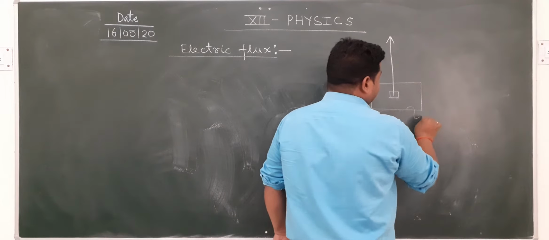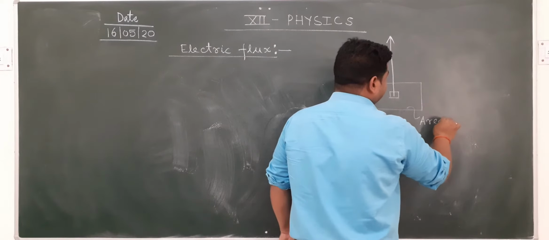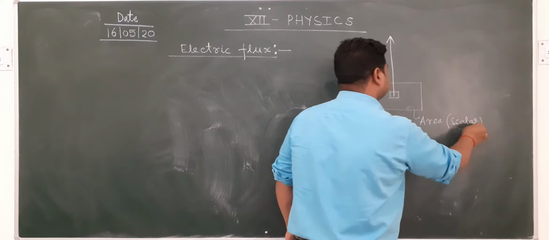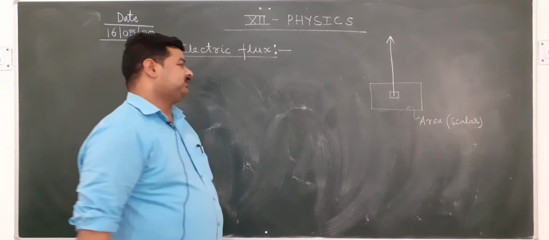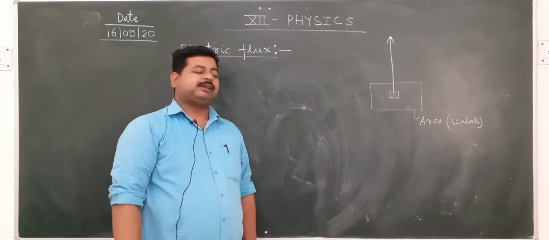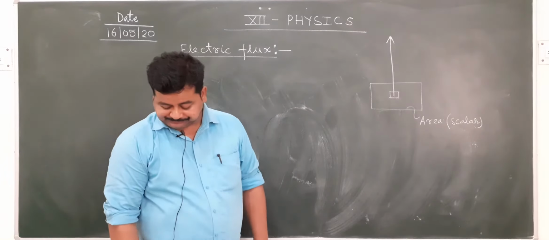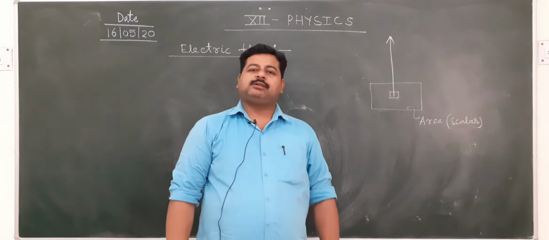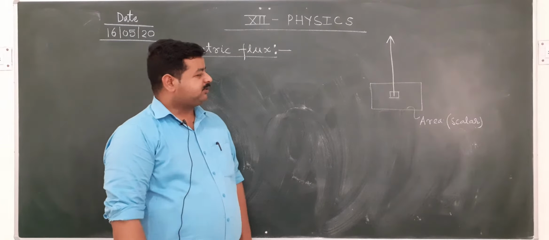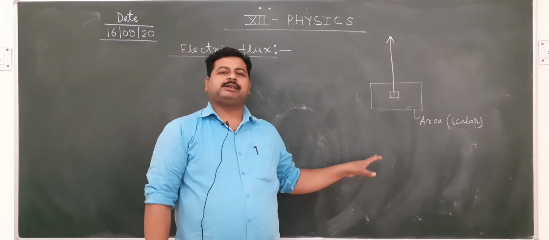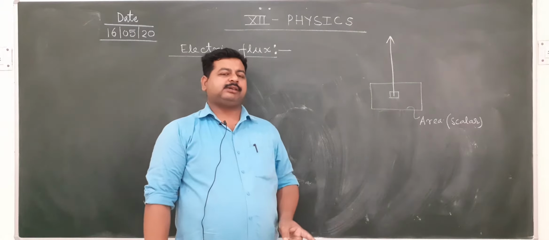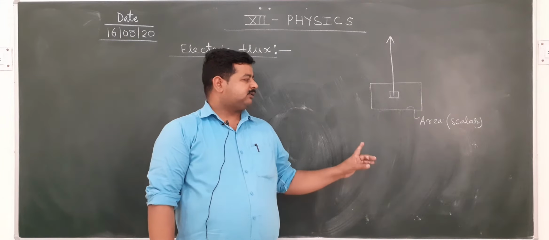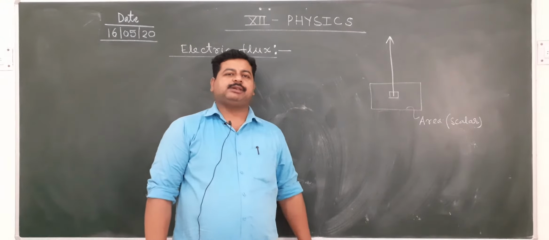Generally, area is a scalar quantity, but area will convert into vector form because in physics we study scalar quantities as well as vector quantities, and a vector quantity is made with the help of direction and a scalar quantity.